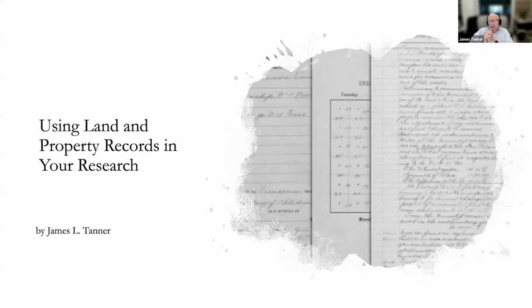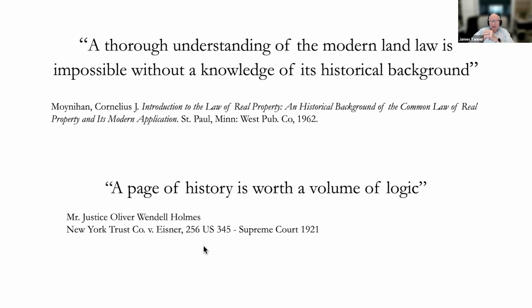And so when you're doing research, we need to look to other records. I would put land and property records as kind of the go-to place to start to get really good information, along with probate and other records that deal with property and deal with the people. So we're going to get into this and get started.